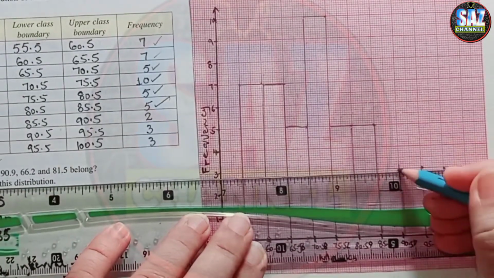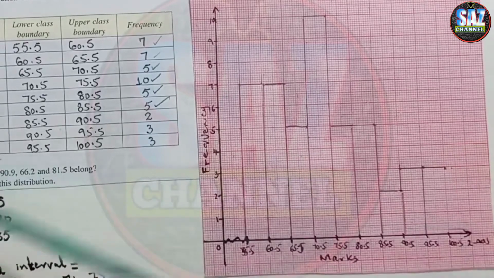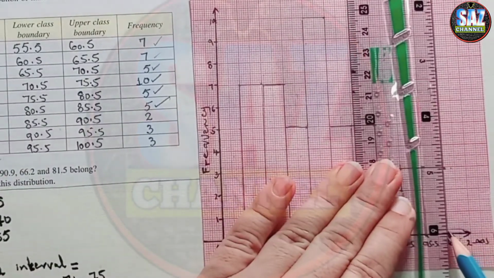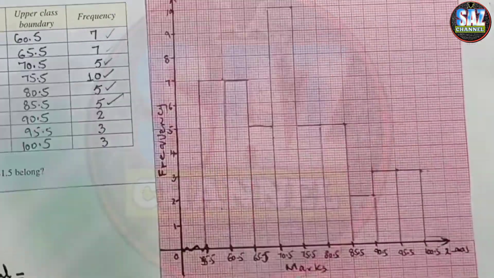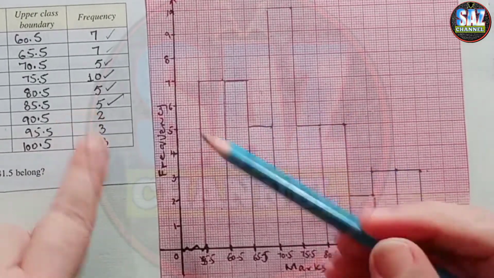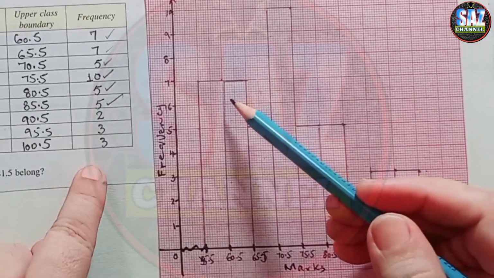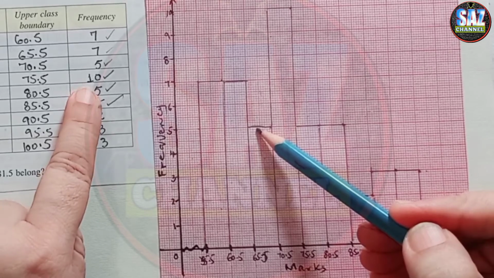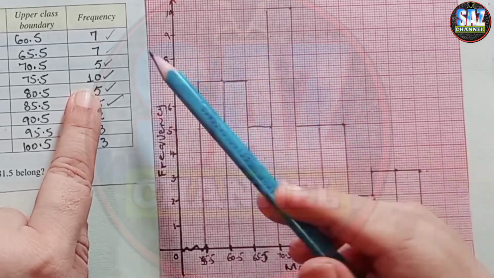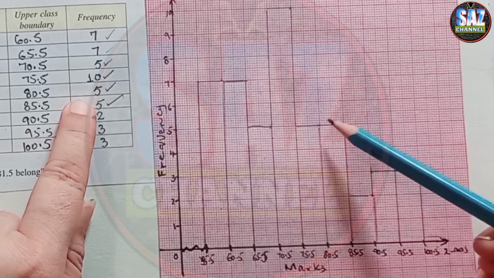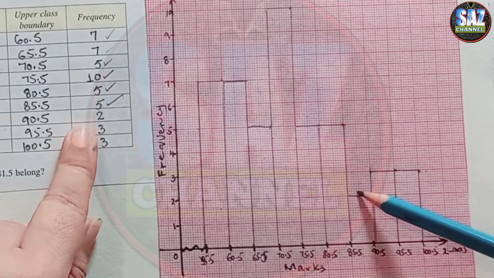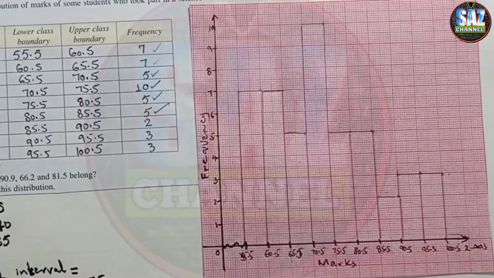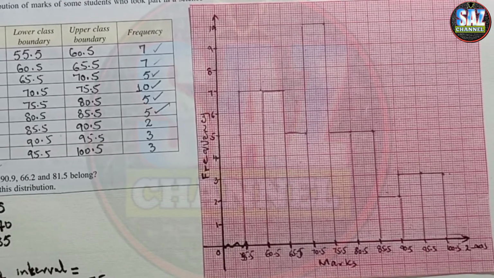Now let me quickly recheck the frequencies. The first frequency is 7, the second is 7, third is 5, then 5, then the fourth one is 10, then 5 is coming twice, 2 once, and 3. Okay, now we are successful in making the histogram.